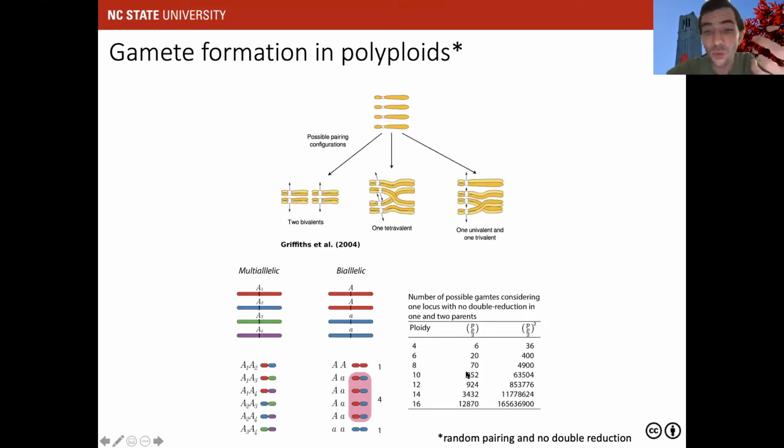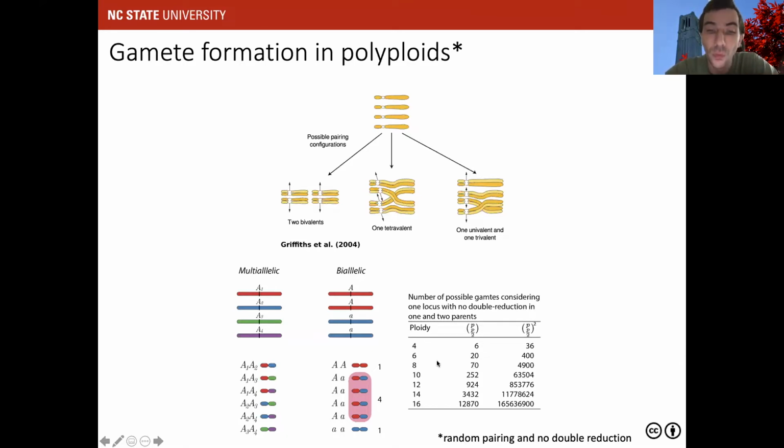So this is a table with all possible gametes for several ploidy levels. For tetraploid, as I said, we have 6 gametes. And when you combine gametes from both parents, we have 36 possible genotypes in your biparental population. For hexaploids, we have 6 choose 3, so 20 possible gametes.